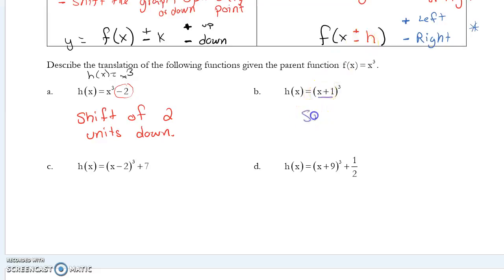So this is a shift, not right, but left 1 unit. Go ahead and pause and try C and D when you've got the guess down for what's happening, and I'll give you a hint. 2 things are happening in each. Unpause to check your answers.